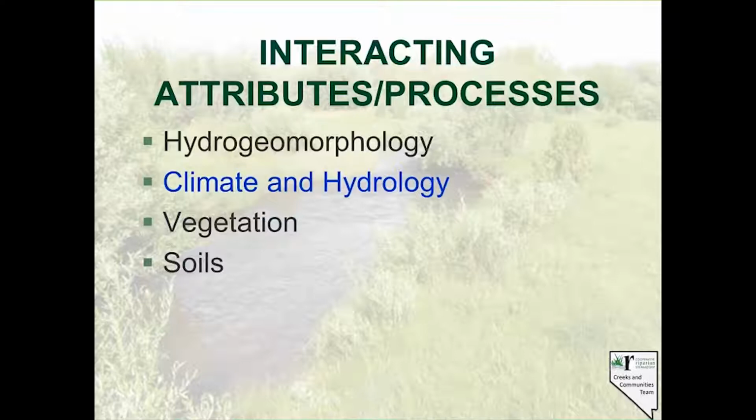How those two things affect which vegetation can or can't grow, how the vegetation affects the soil that is being built up on site, or whether it's being eroded. If you start to lose your vegetation, you start to lose your soils, that geomorphology of the site changes. So they all come back around and they can kind of impact each other. Climate and hydrology is really the one driver that's not as affected by the other three.